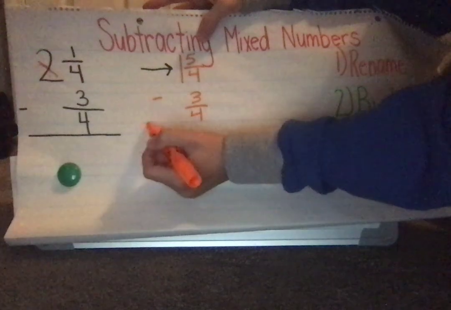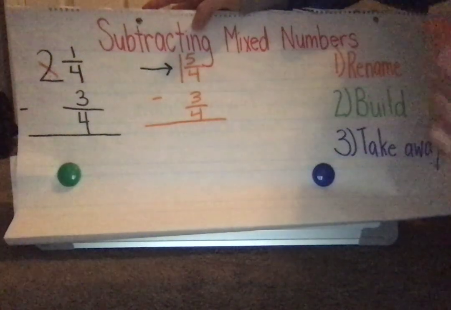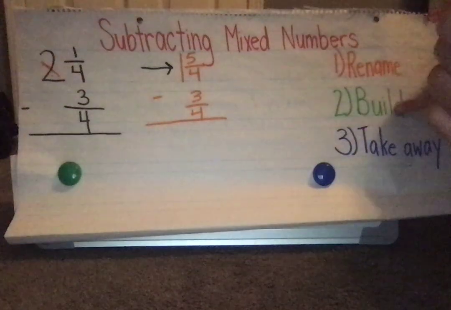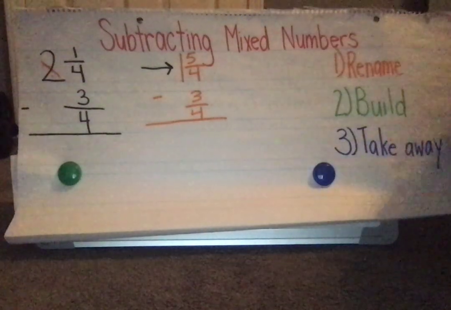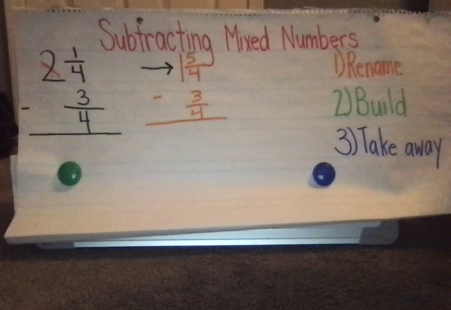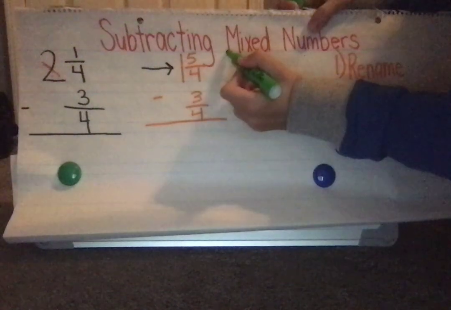3/4. And remember, when we subtract mixed numbers, we always subtract the fraction pieces first. But before we even do that, we need to build our fractions. I almost forgot. So I have 1 whole.